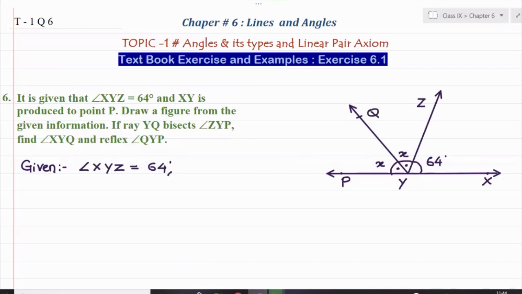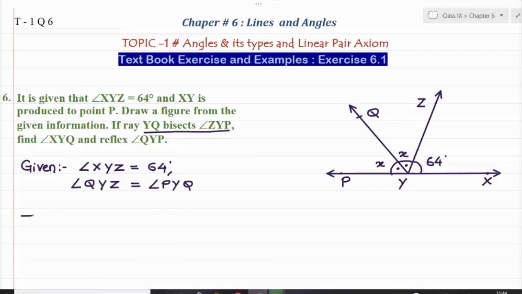So ray YQ is bisecting the angle ZYP. So the two angles, which are they? One is angle QYZ, which will be equal to angle PYQ. These two angles are given to us equal because it is clearly mentioned that YQ bisects angle ZYP. It is given in the question.